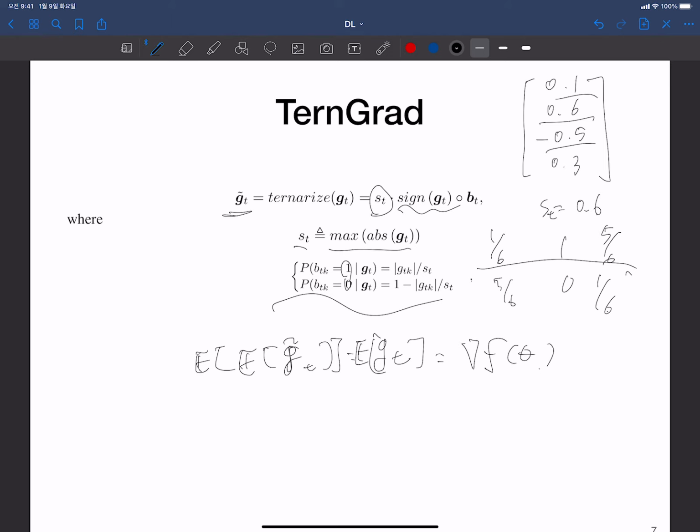But we can extend this idea to the 8-bit scenario and 16-bit scenario. We just quantize the space from s_t to minus s_t, and then compute the probabilities so that your original value becomes the expectation.